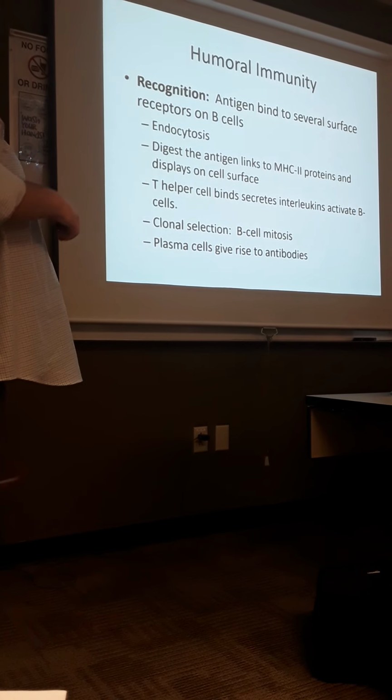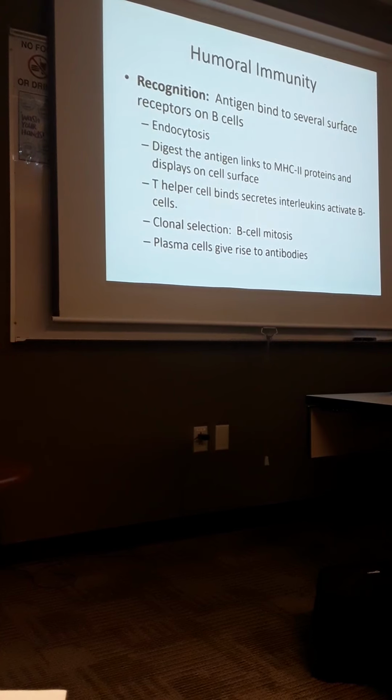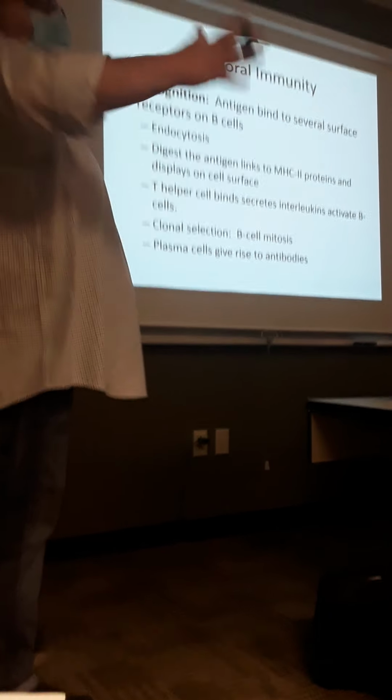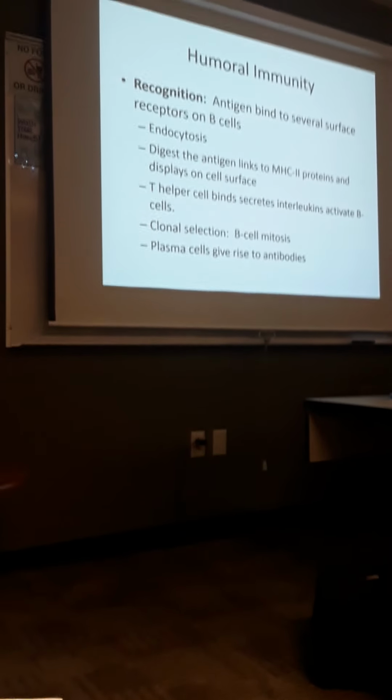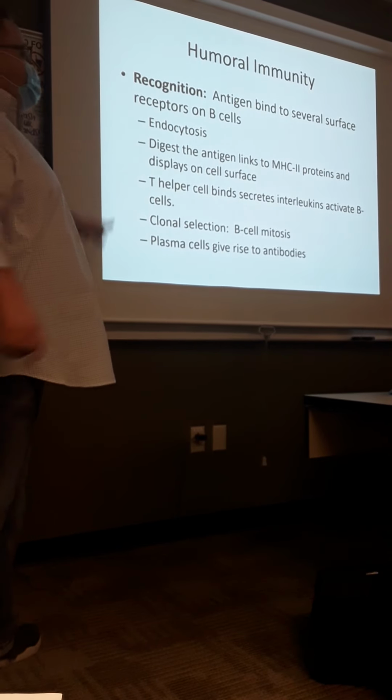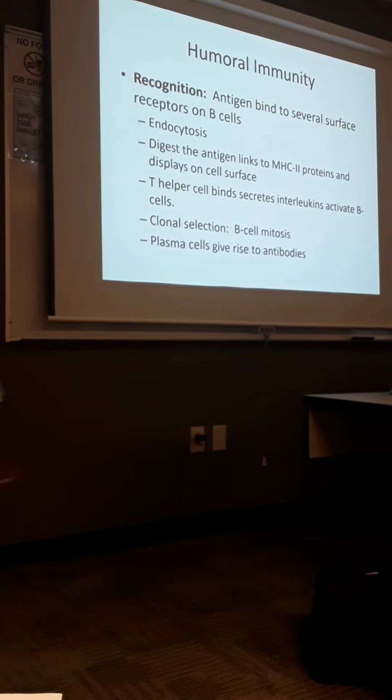T helper cell binds and secretes interleukins to activate the B cells. So the T helper cells actually activate the B cells as well. And then you get clonal selection, meaning that the B cells are going to divide via mitosis, so they're all the same. And then plasma cells, which are a special type of B cell, are the antibody-producing cells. They produce the antibodies, and the antibody is going to be specific for that antigen.